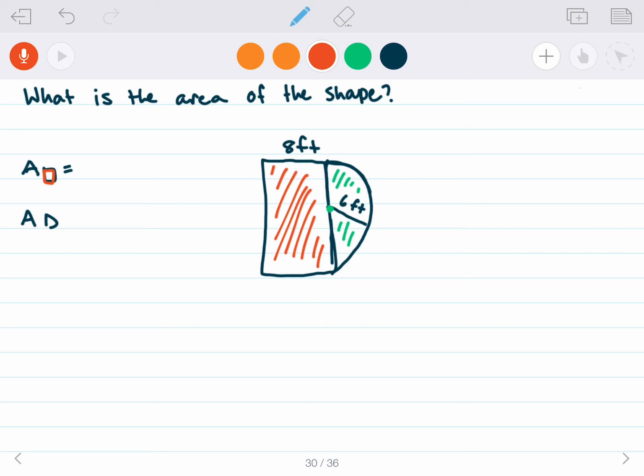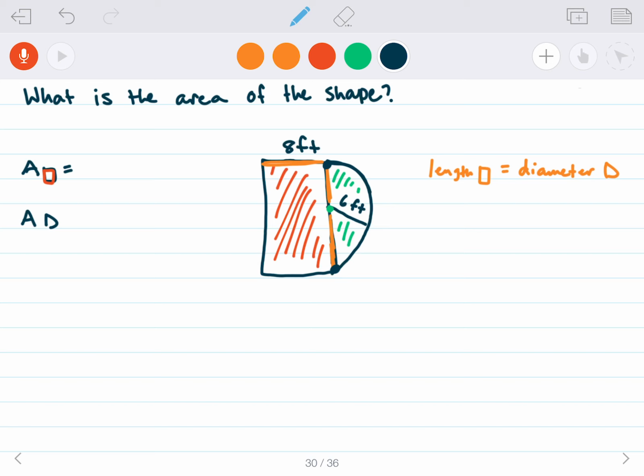So let's work with the rectangle first. Now we know what the width is, but what is the length of the rectangle? Well, the length of this particular rectangle is equal to the diameter of the semicircle, right? Because the diameter, by definition, is the distance from one edge of the circle to the other going through the center.